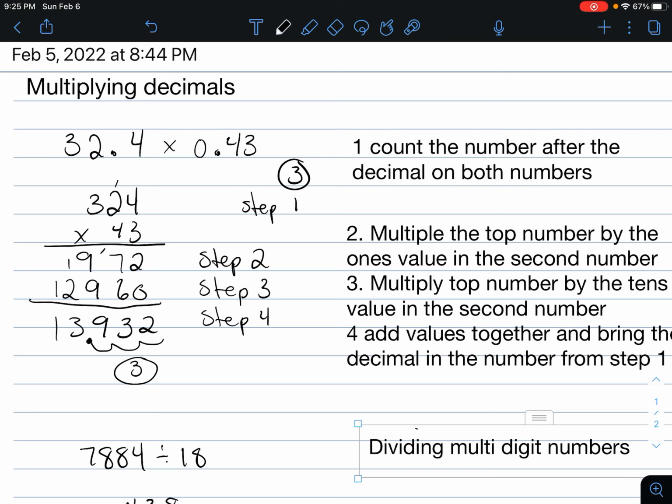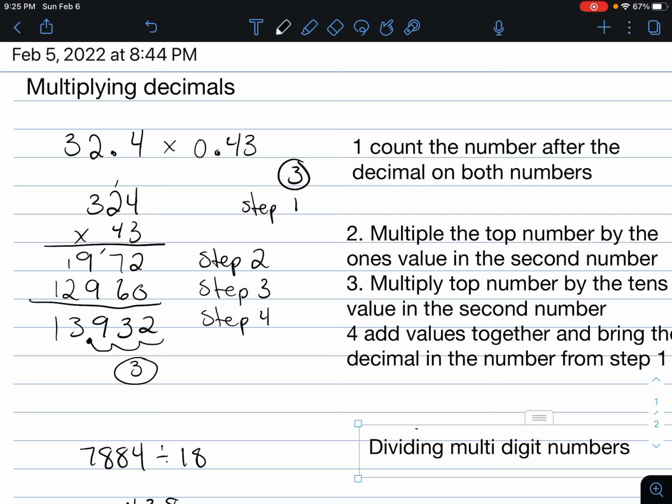Third step, multiply the top number by the tens value in the second number, so that tens value is the 4. We are multiplying by 40, so we drop down that 0 first. And then as you go through, you get 12,960. And then last, add the values together and bring the decimal in the number from step 1.